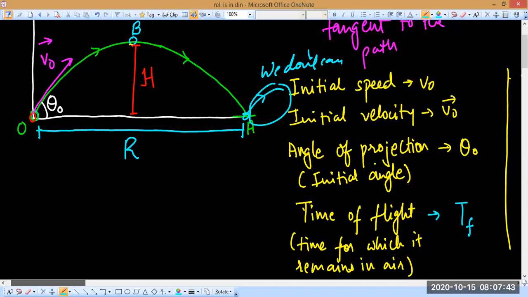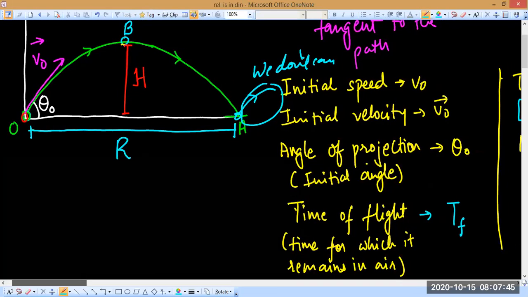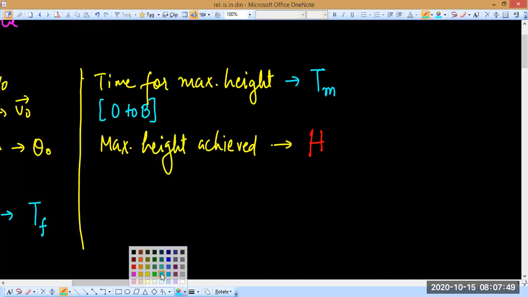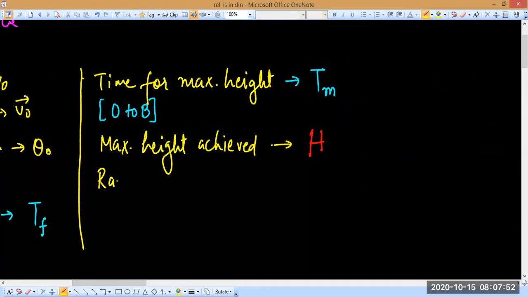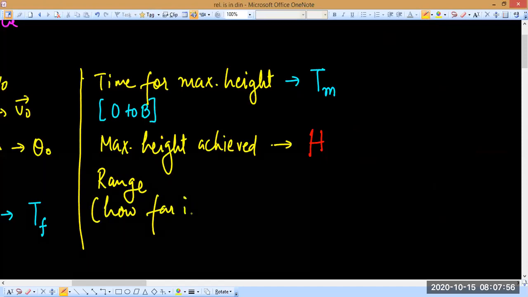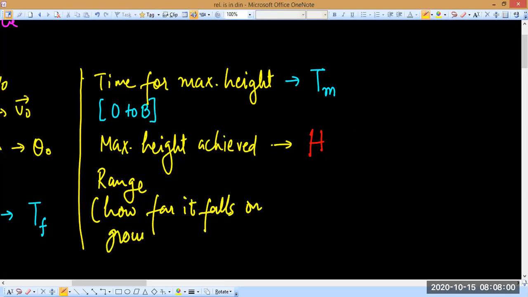Range means how far it falls on the ground. Very easy. It's called range R.